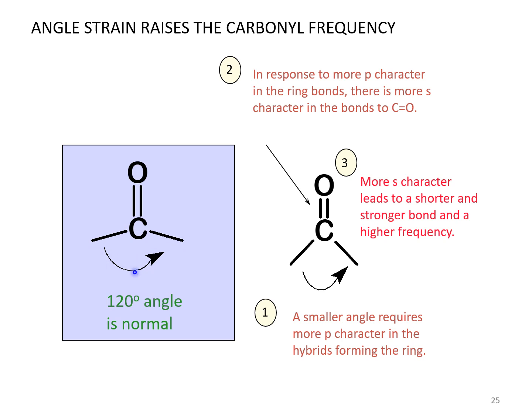A smaller angle requires more p character in the hybrid forming the ring, in case of a ring. Now in response to the more p character of the ring bond, there is more s character in the C=O, which strengthens the C=O bond and increases the frequency.